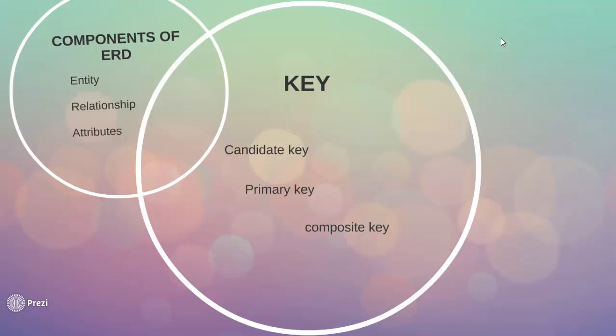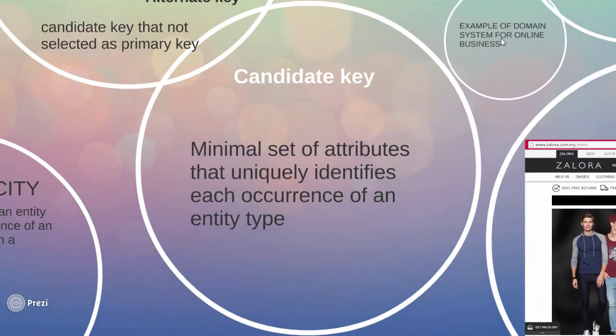So, there are several key in ERD, which is candidate key, primary key, composite key. What is candidate key? Candidate key, minimal set of attributes that uniquely identify each occurrence of an entity type.